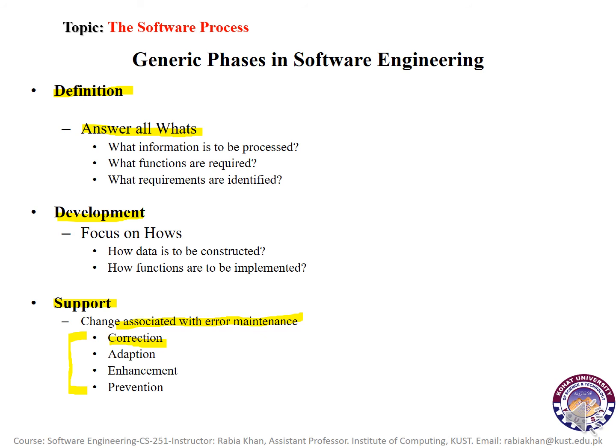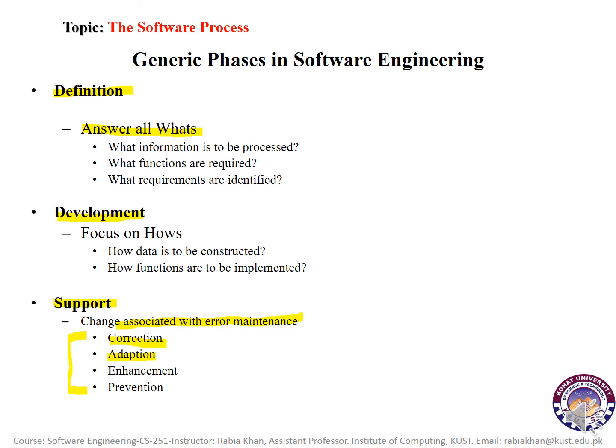The next type of support that we can provide is adaptation. With the passage of time, the original environment, both the hardware environment and the software environment, such as the operating system or the CPU, may change. As I just said, the user may ask you to make the software runnable on a different operating system or on some other processor.